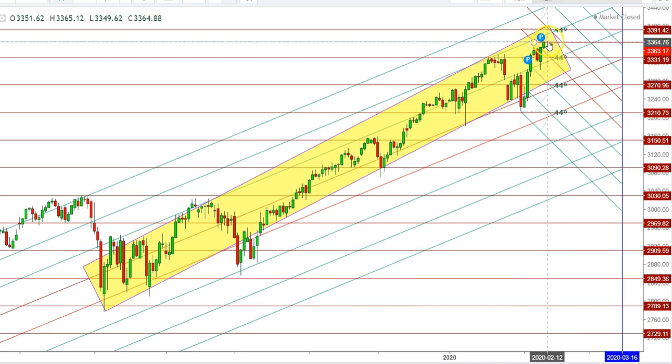I find that if the S&P 500 futures are not able to sustain above the levels of 3363, we will see them move downward once again towards the levels of 3331.